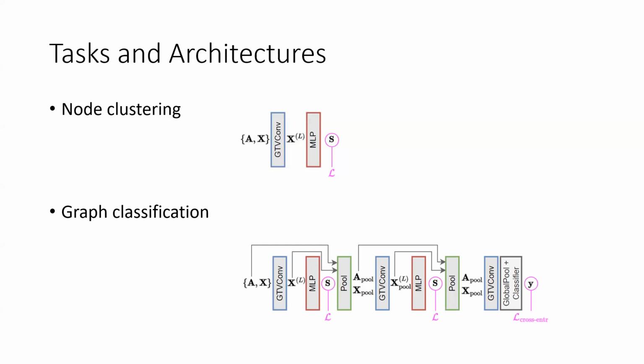Since graph classification is a supervised task, this GNN architecture is trained by minimizing also the supervised cross entropy, in addition to the unsupervised auxiliary losses. Also note that we have an auxiliary loss for each pooling layer here.